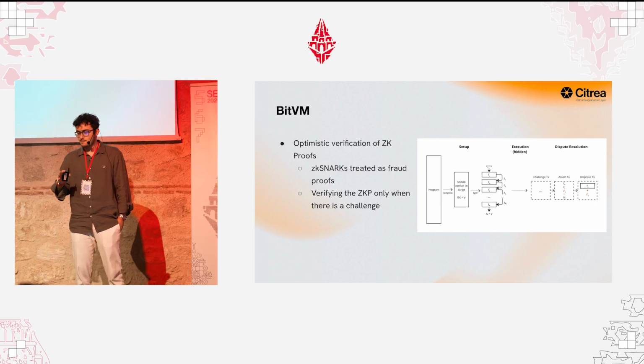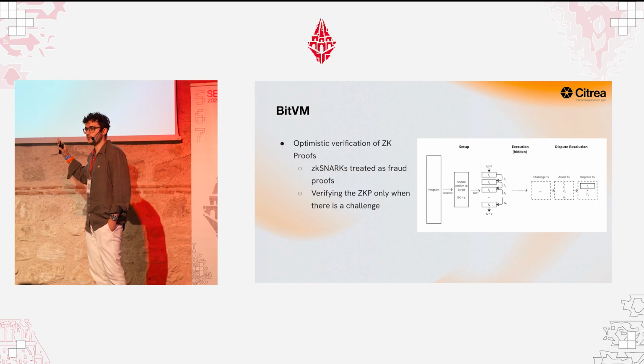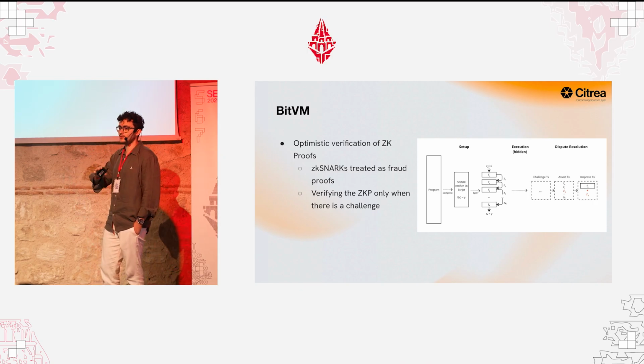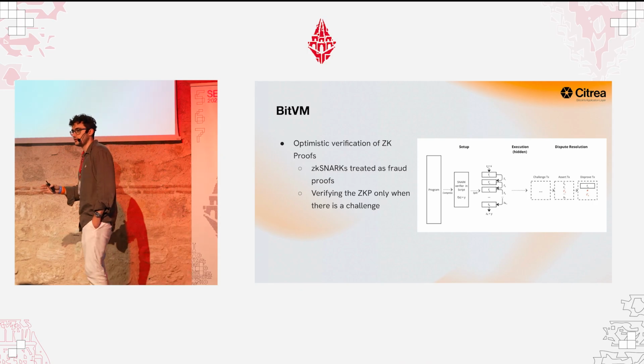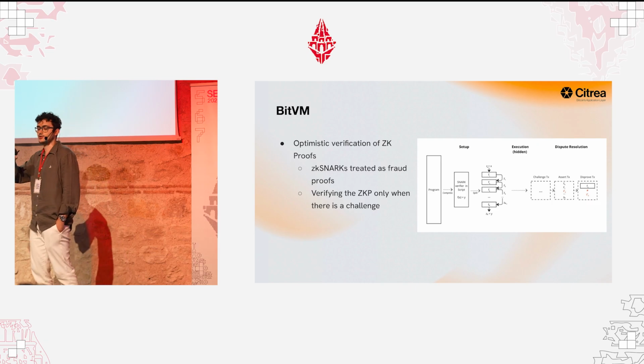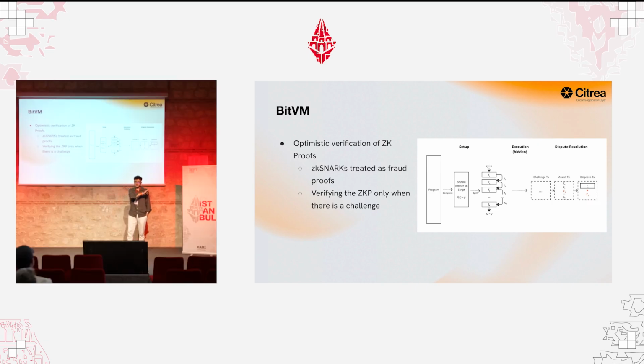And BitVM actually verifies ZK proofs optimistically. That means whenever somebody claims something wrong, someone else comes into play and challenges that actor and says, hey, you're claiming a dishonest thing, and now that claim has to be answered on chain.